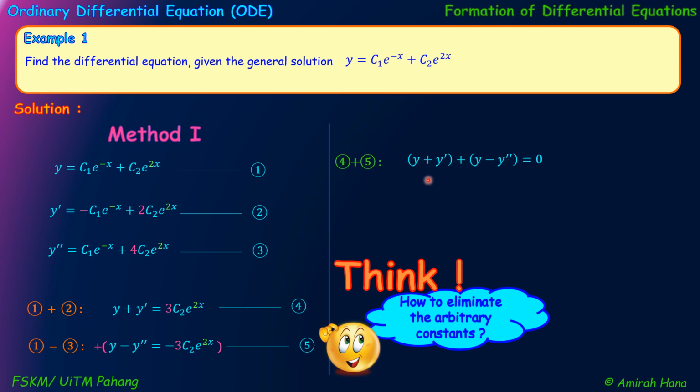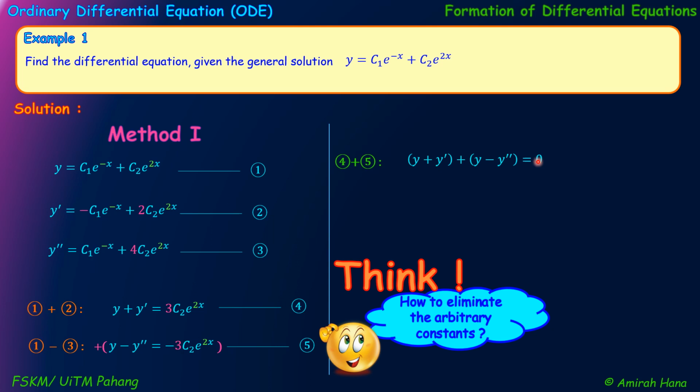This is from the left hand side in equation 4, and this is from the left hand side in equation 5, and then equals 3c2e to the power of 2x plus negative 3c2e to the power of 2x. So we get 0.